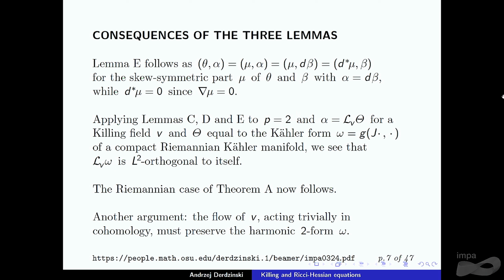As I just mentioned, the Lie derivative with respect to a Killing field of the Kähler form is, first, exact, which is the case for any Lie derivative of any closed form, and secondly, it is parallel, because the Kähler form is parallel and your vector field is a Killing field. It's both parallel and exact, and you observe that such a thing, being parallel and exact, is necessarily null on a compact pseudo-Riemannian manifold.